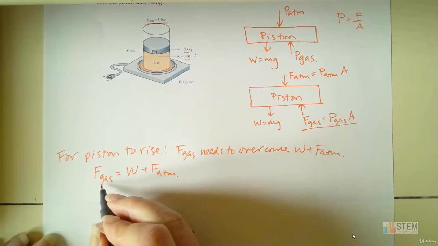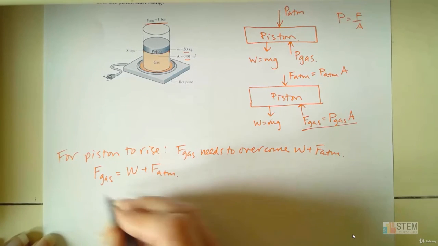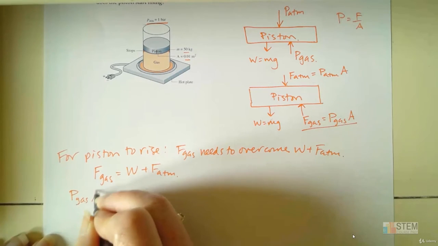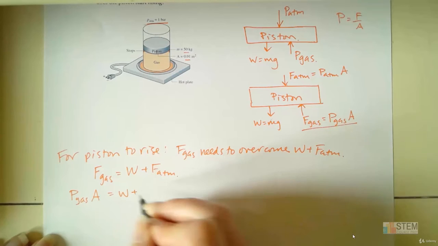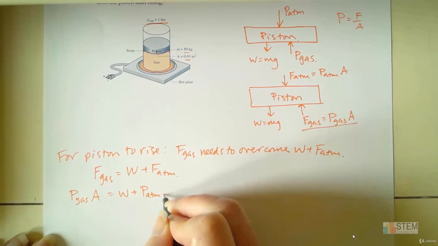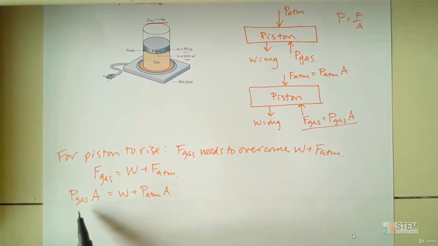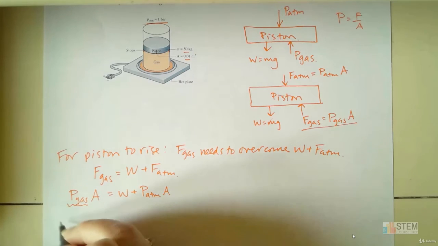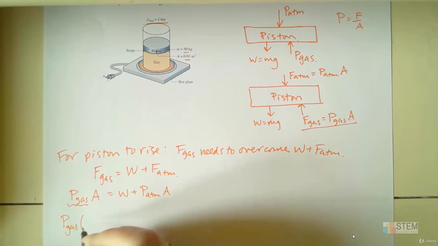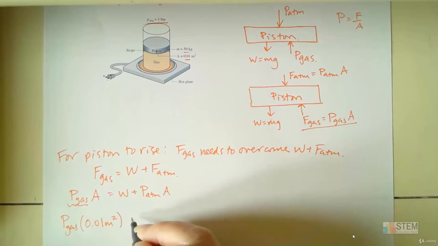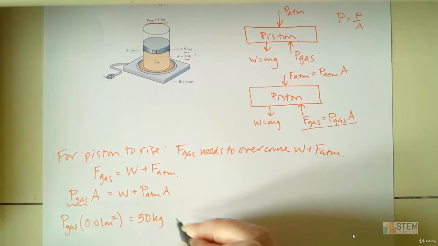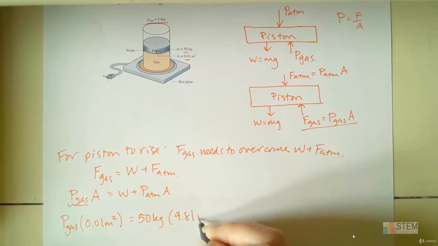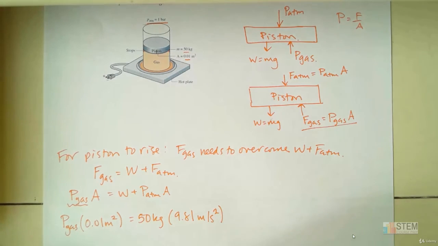Let's rewrite this in terms of pressure because we want to solve for a pressure. We'll have the pressure of the gas times the area equals the weight plus the atmospheric pressure times area. Now we can start plugging our values in. This right here is what we're looking to solve for. So we have the gas pressure times the area, which is 0.01 meters squared, equal to 50 kilograms times 9.81 meters per second squared, which is the mass times gravity.